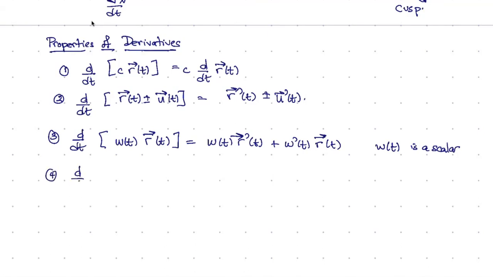Of course, if we had two vector-valued functions, r of t dotted with u of t, their derivative would be what you expect. That is, r prime of t would be dotted with u of t, and u prime of t would be dotted with r of t.